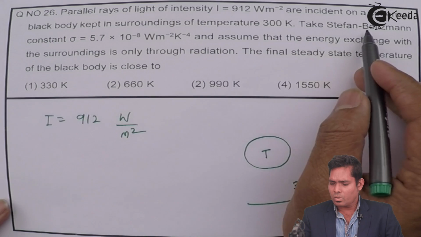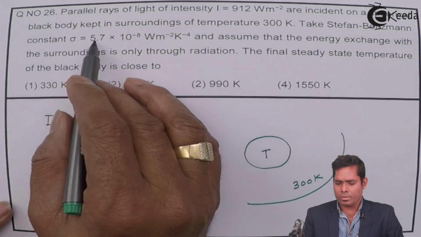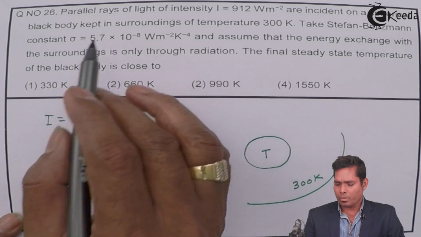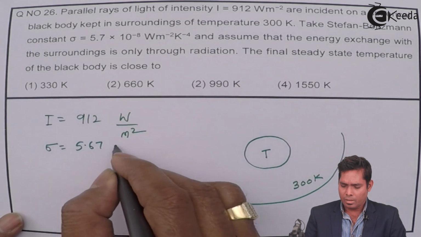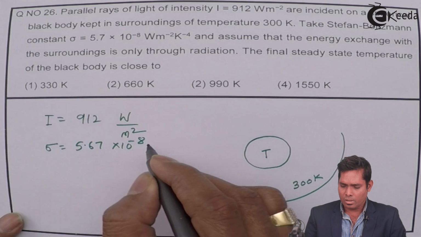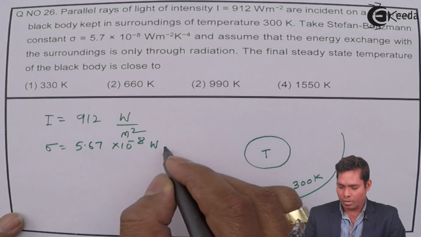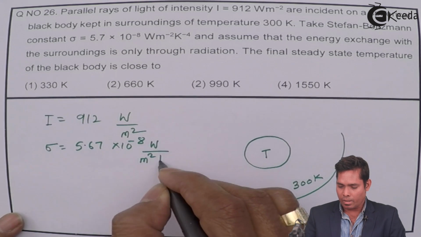Take Stefan's constant as 5.67 × 10 raised to minus 8 watt per meter square Kelvin raised to 4.